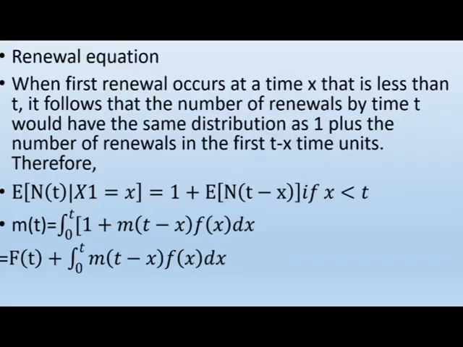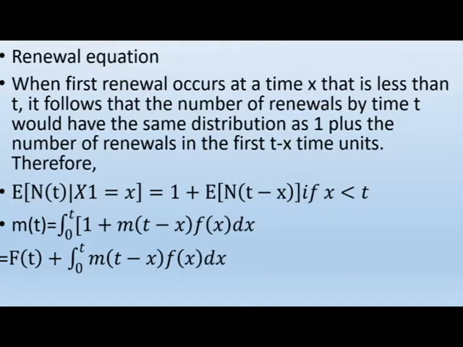Now, suppose that the first renewal occurs at time x that is less than t. Then, using the fact that a renewal process starts over when a renewal occurs, it follows that the number of renewals by time t would have the same distribution as 1 plus the number of renewals in the first t minus x time units.